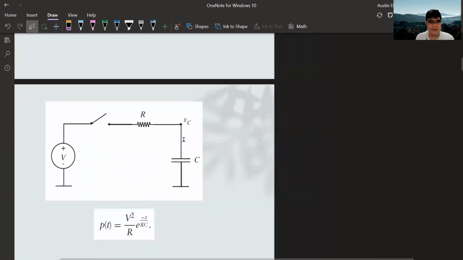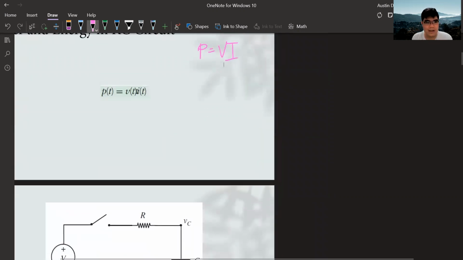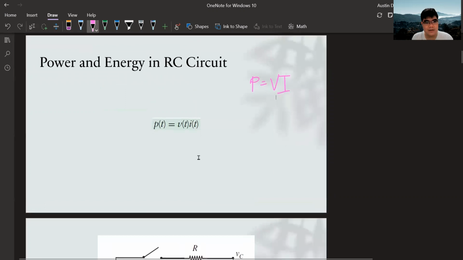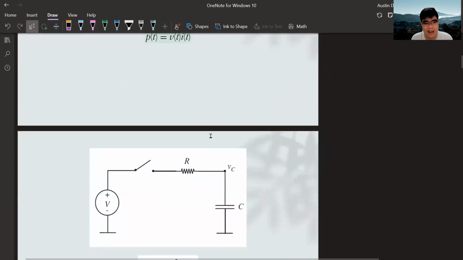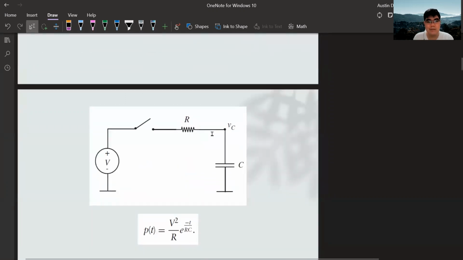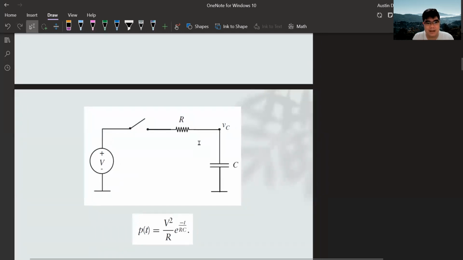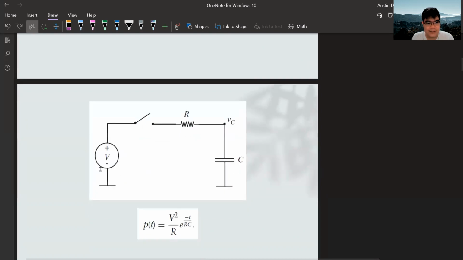So, let's try to do this simple RC circuit. Then let's try to calculate the power na dinidissipate. So, kailangan natin pumili ng element na titingnan natin. So, for this example, tingnan natin yung dinideliver na power ng source natin, the voltage source.